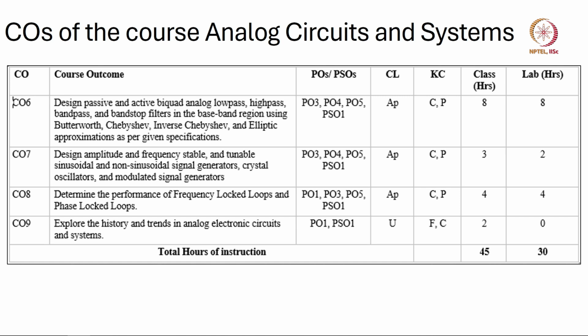So in all, 75. Now, if we have these set of course outcomes with us, how does it look like when we are viewing it in the Anderson-Bloom's taxonomy table?